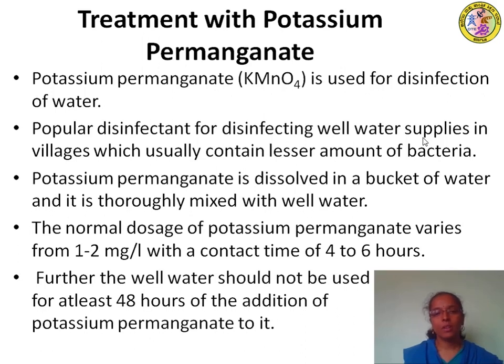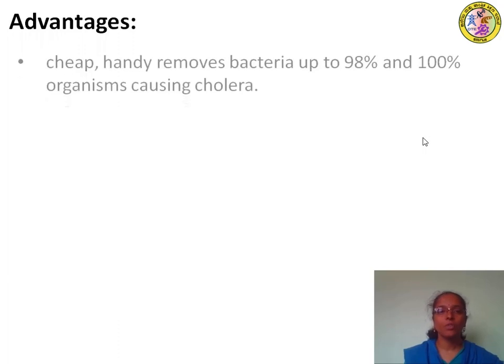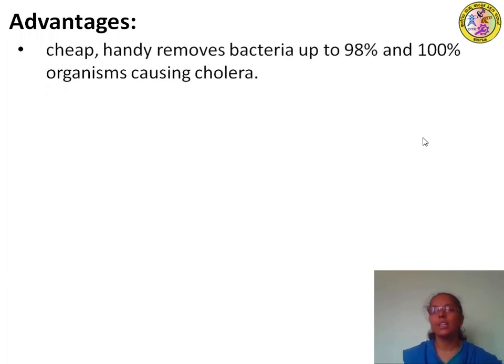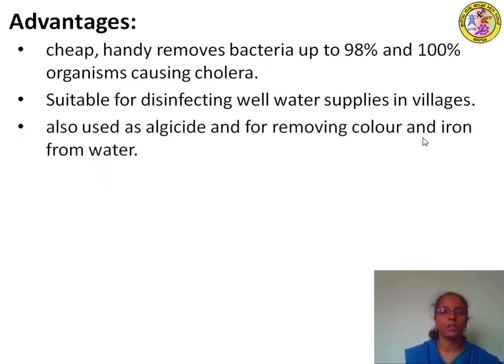Further, you cannot use that water for 48 hours after addition of potassium permanganate. The advantages are, it is very cheap and handy, it removes the cholera producing organisms, and it is suitable for disinfecting well water supplies, especially in rural areas.